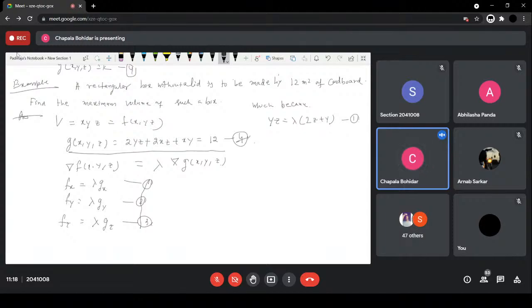Similarly, del f by del y, xz, is equal to lambda into del g by del y, which is 2z plus x.